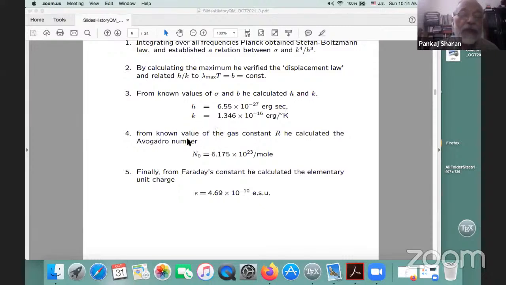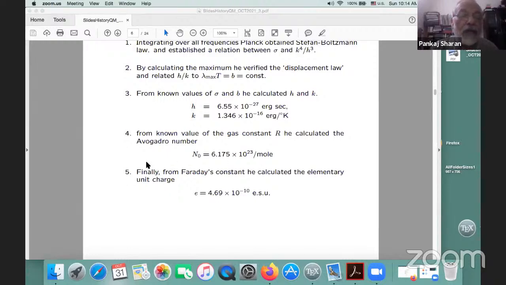And from known values of the gas constant, you remember, the Boltzmann constant is the ratio of the gas constant R, which comes in PV equal to RT, the ideal gas equation, divided by the Avogadro number. So R by N, once you know k and you know R, you can calculate N, which was 6.175 into 10 to the power 23 per mole, which is a very good number also.